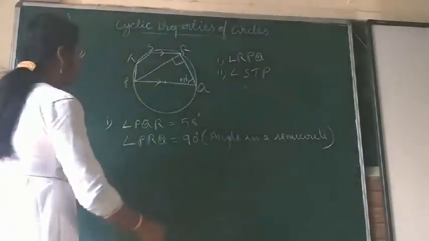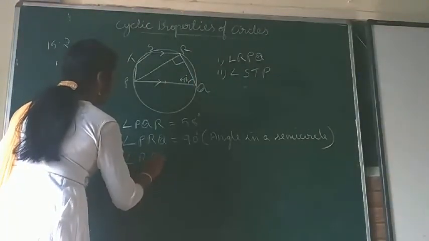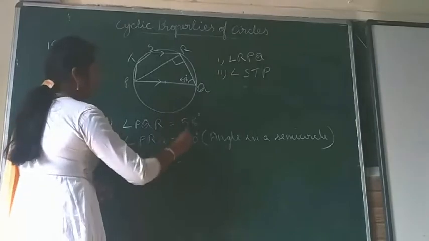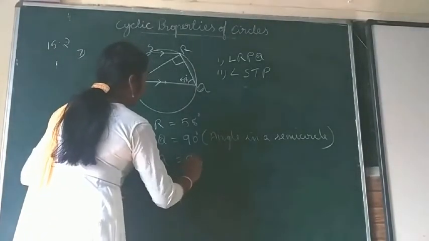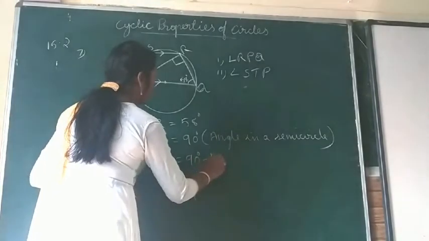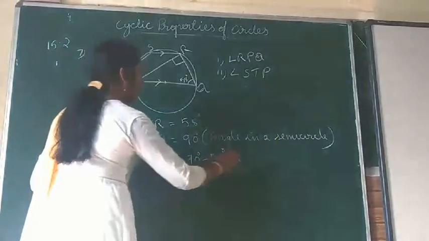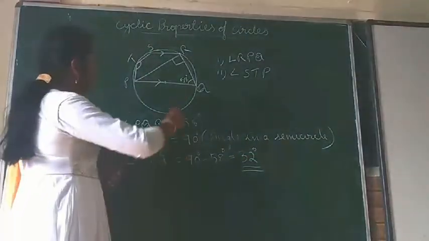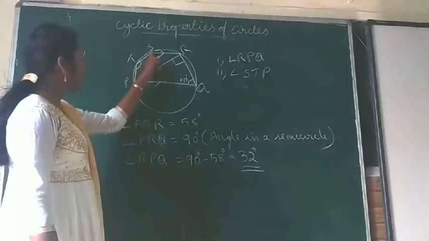Now, we have to find out angle RPQ. Angle RPQ is equal to 90 degree minus 58 is equal to 32 degree. Now we have to find out angle STP, that is this angle STP.